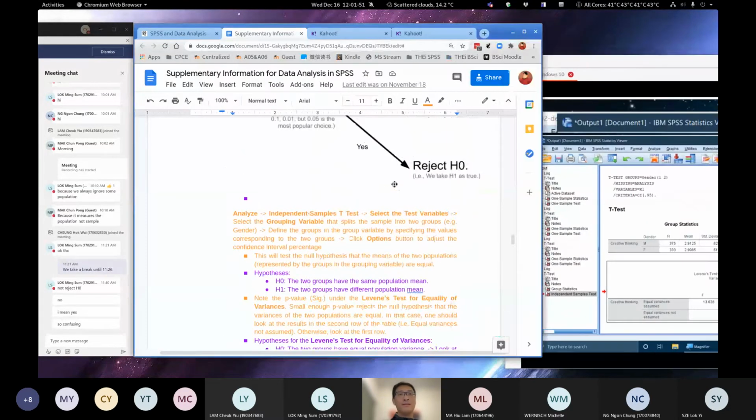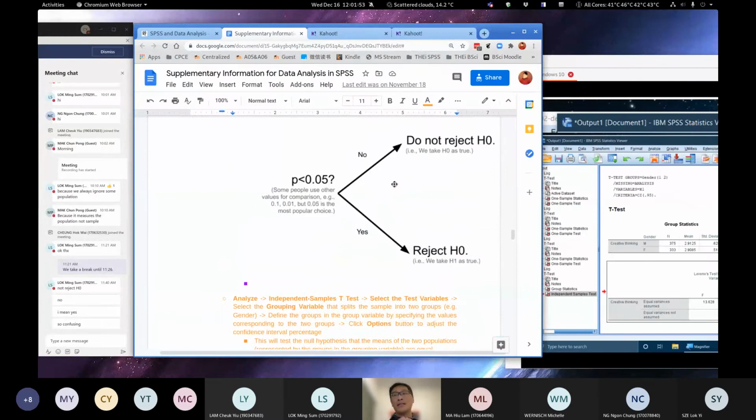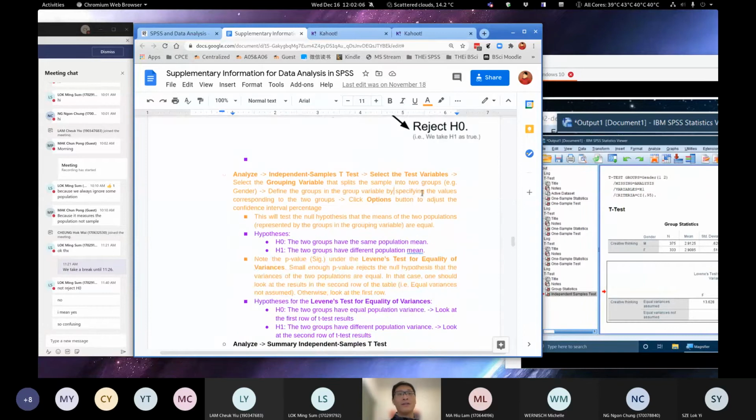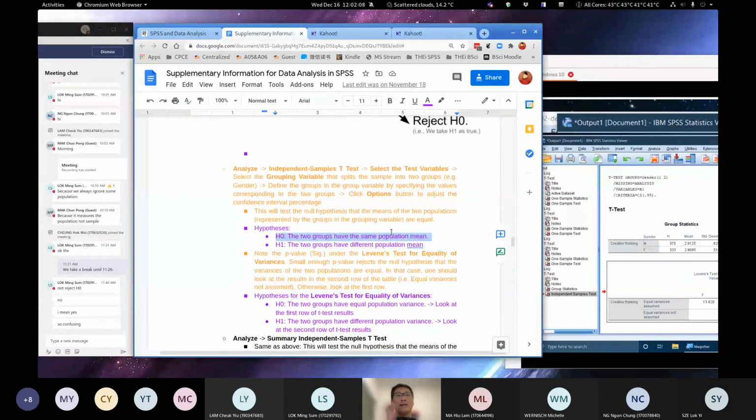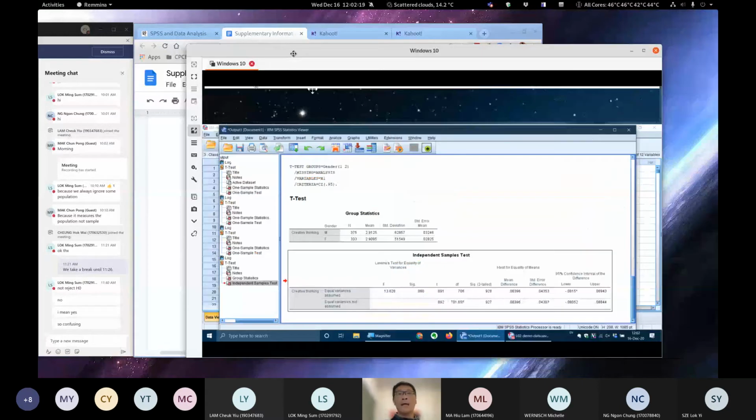And then you look at this tree diagram again. Is 0.927 smaller than 0.05? Obviously not. So in this case, we do not reject the null hypothesis. Or in other words, the conclusion of my t-test is that the two groups have the same population mean. Now, what does it mean in my research here?